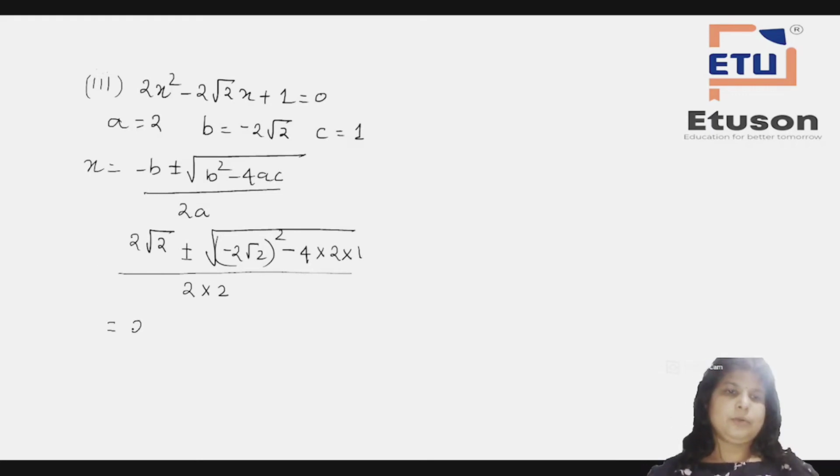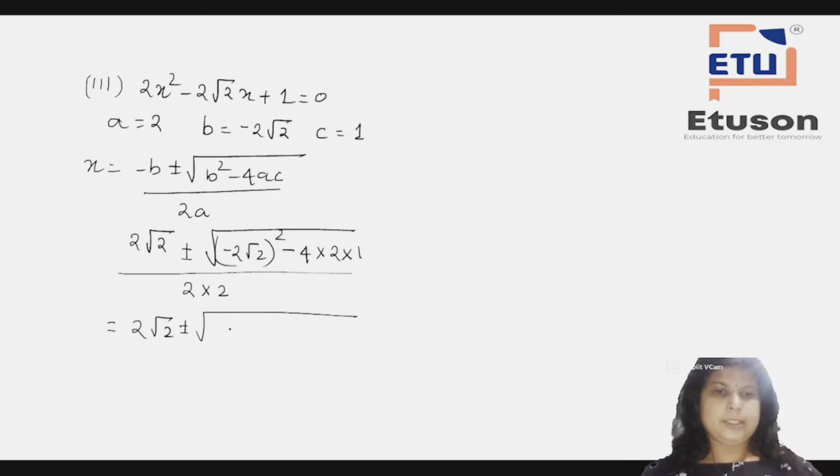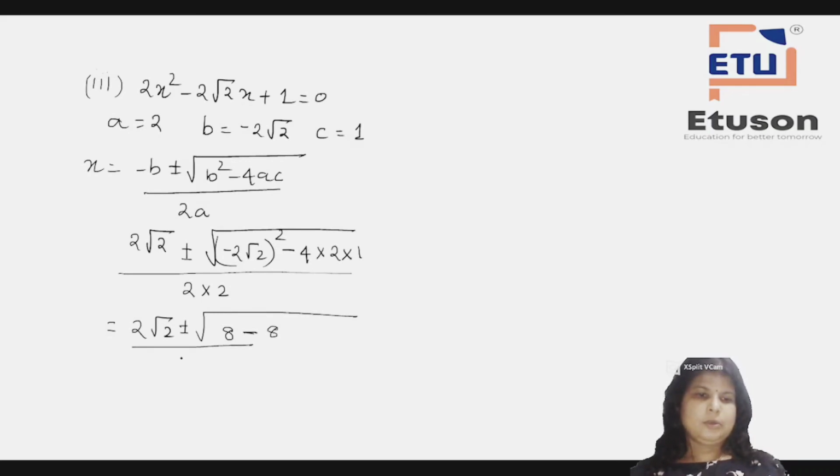So that is equal to 2 root 2 plus or minus square root of 2 root 2 whole square, which is 4 into 2, that is 8. 8 minus 4 into 2 is 8. 8 minus 8, square root of that, so 0, square root of 0 is 0, divided by 4.